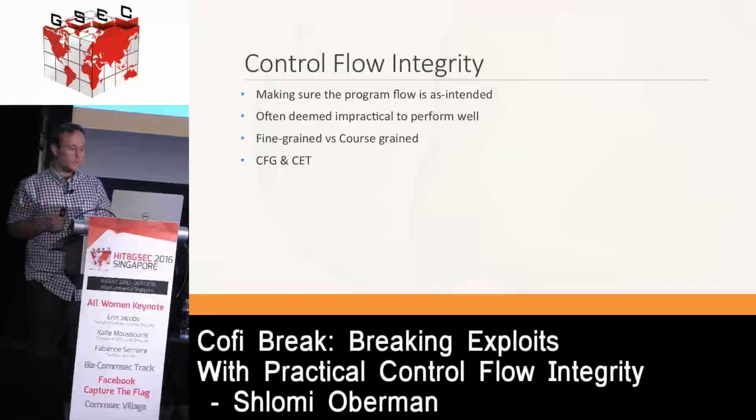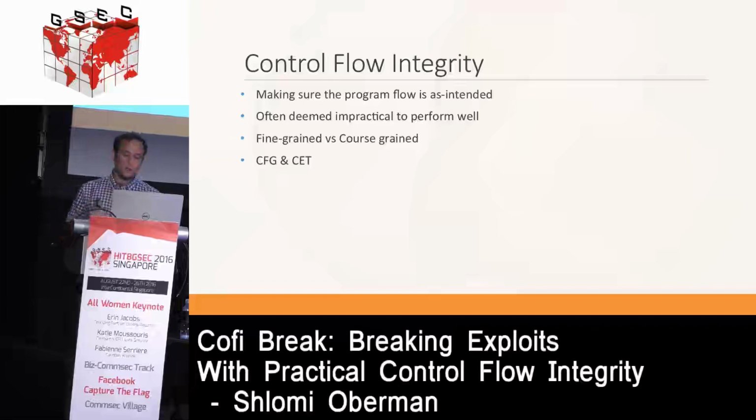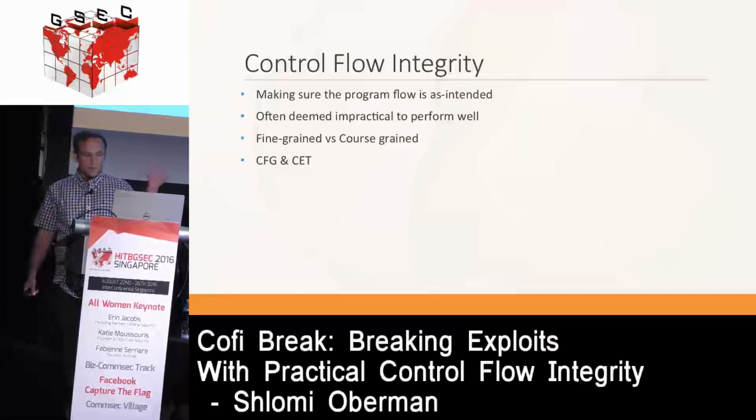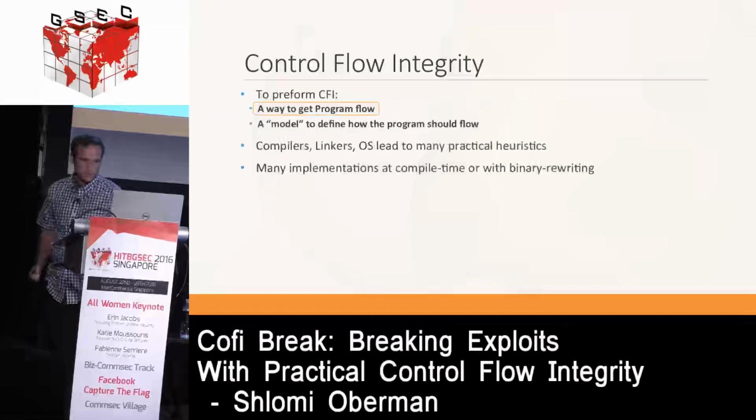Both of these have different types of disadvantages that make control flow integrity not very practical usually. A few new initiatives look quite promising: Microsoft, as I said, Intel, and some commercial companies.